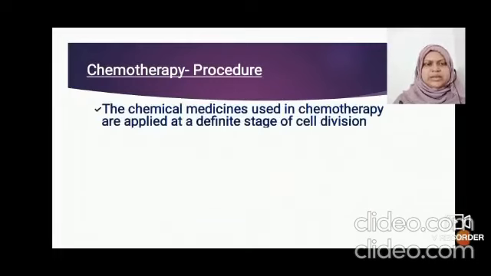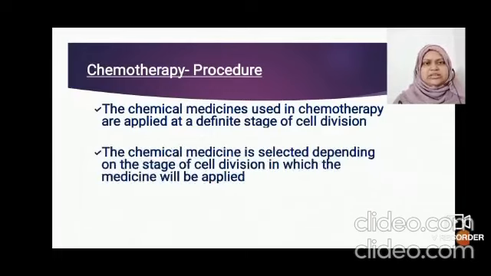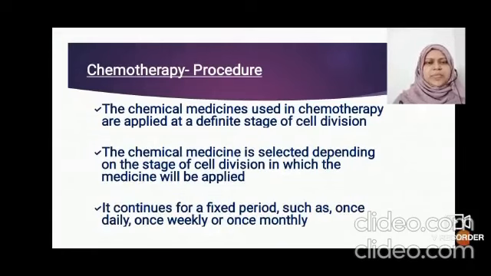The chemical medicines used in chemotherapy are applied at a definite stage of cell division. The chemical medicine is selected depending on the stage of cell division in which the medicine will be applied. It continues for a fixed period, such as once daily, once weekly, or once monthly.